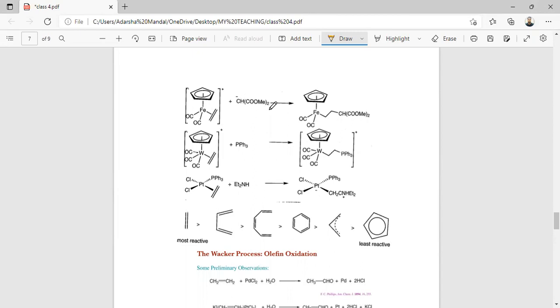Here the CH2(COOMe)2 is a nucleophile. It attacks the metal alkene complex to form this intermediate, and here PPh3 acts as a nucleophile that will attack the carbon atom to form this product, and here Et2NH, this secondary amine, acts as a nucleophile, then the lone pair of nitrogen will attack this center to form this product.